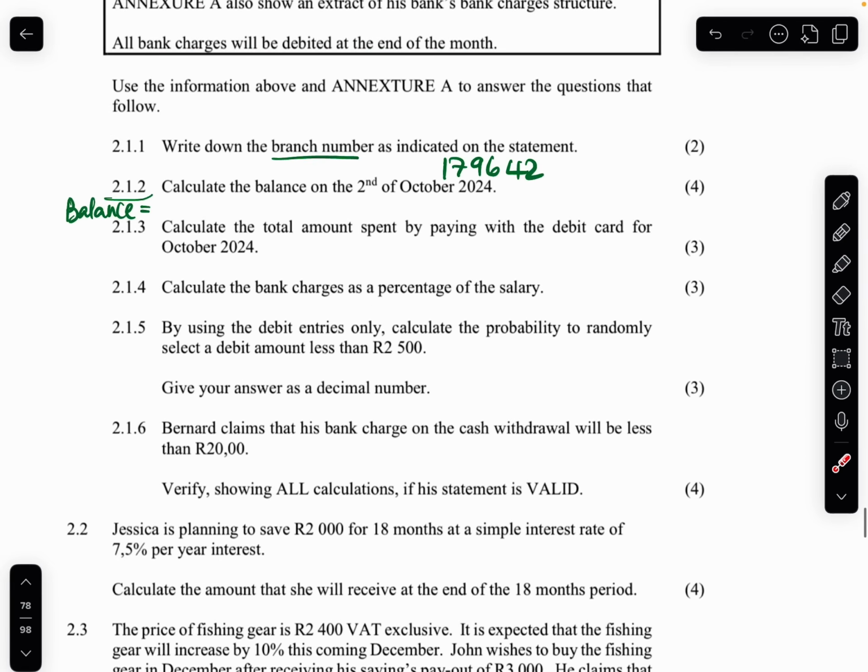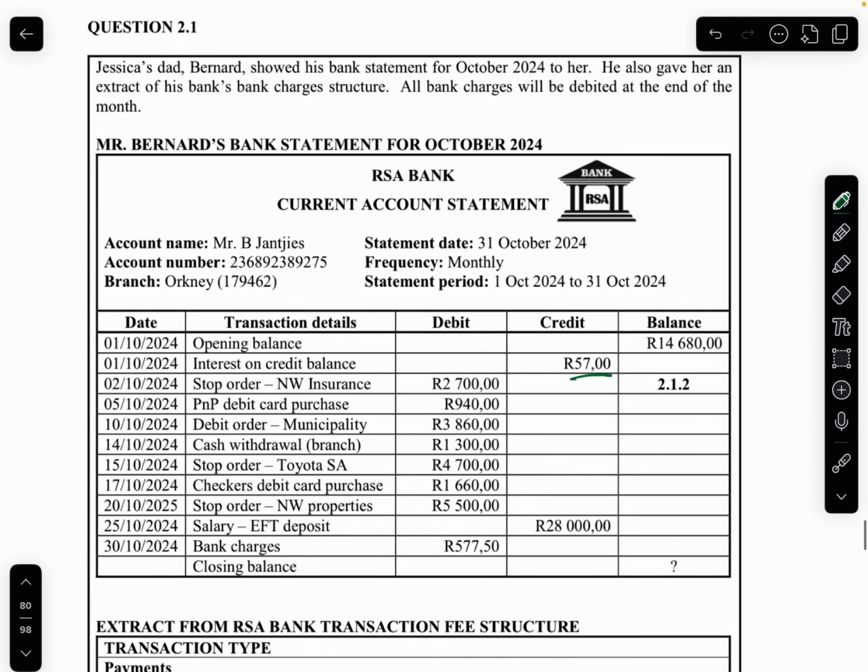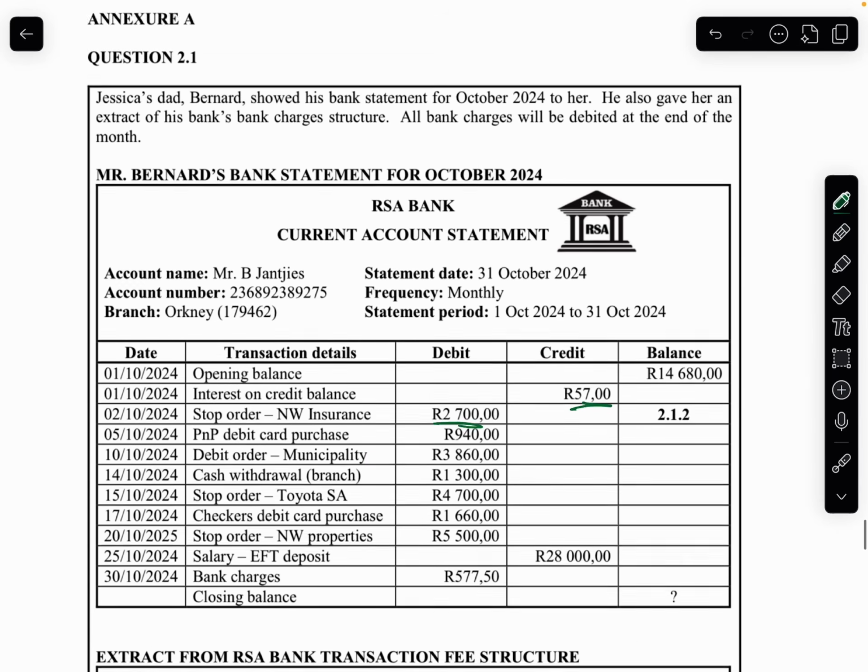14,680 plus the money that was on the credit. It was 500. Okay, let's go back. It's 557 rand and minus 2,700.